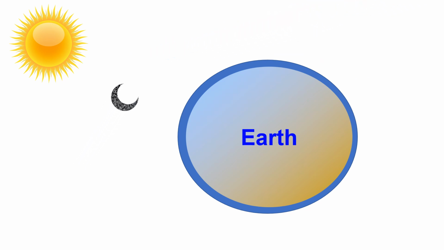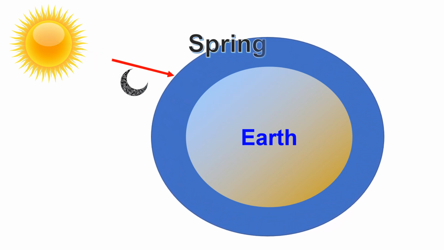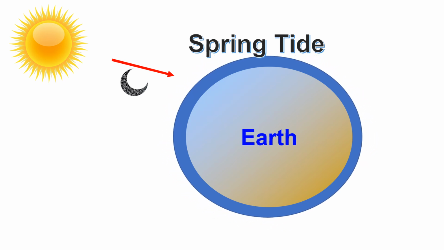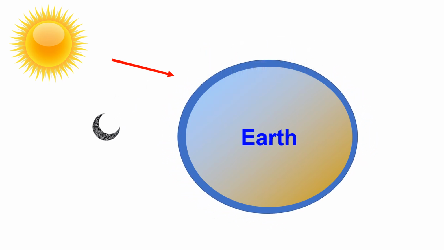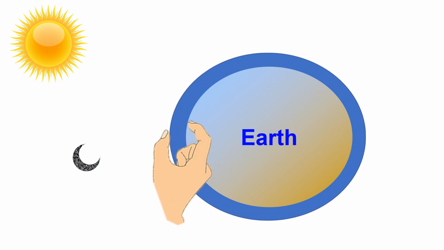When the sun, moon and earth are in a straight line, their combined pull causes the earth's water to spring high. Such tides are called spring tides. When the sun and the moon are at right angles, their pull works against each other, resulting in low tides called neap tides.